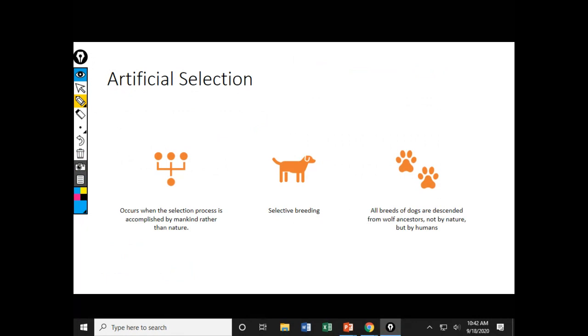Now we have humans choosing and saying, well, I like the puppies that don't bite versus the puppies that do bite.